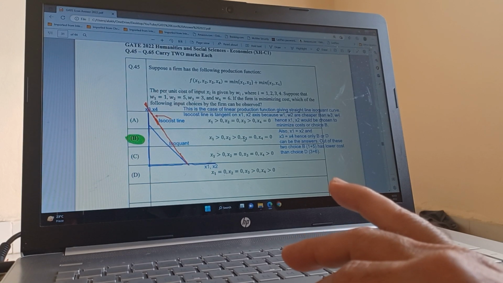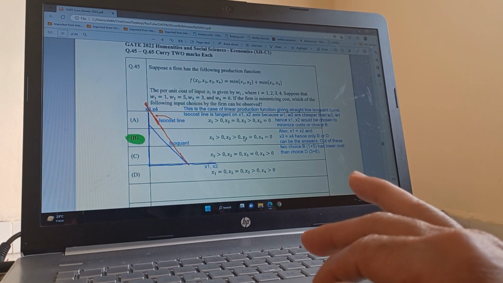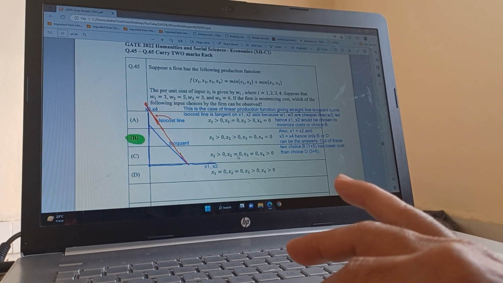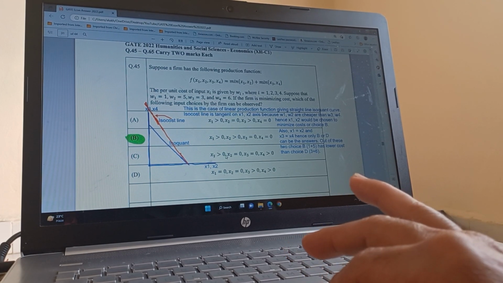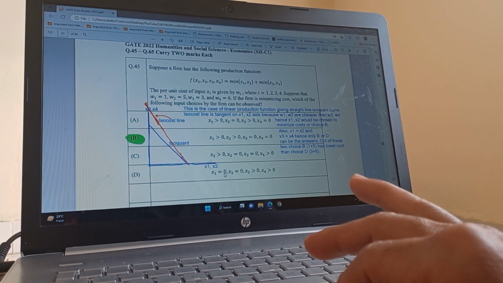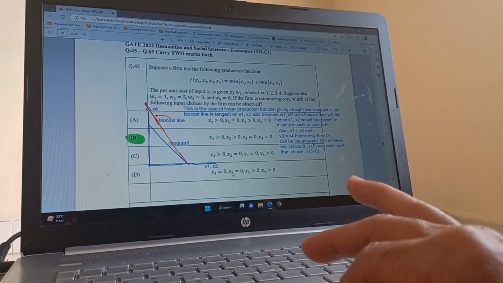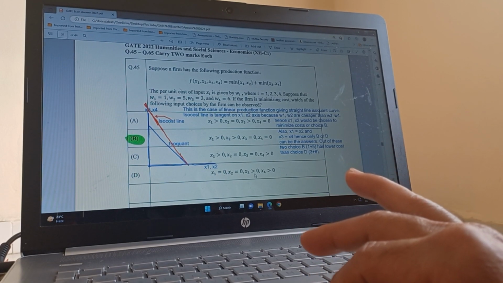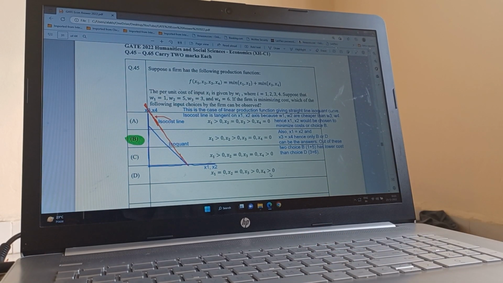So B seems to be the correct choice. What about C? Again, the equality condition is violated. What about D? Yes, here the equality condition is not violated, meaning x1 is equal to 0, x2 is equal to 0, and x3 greater than 0, x4 greater than 0.